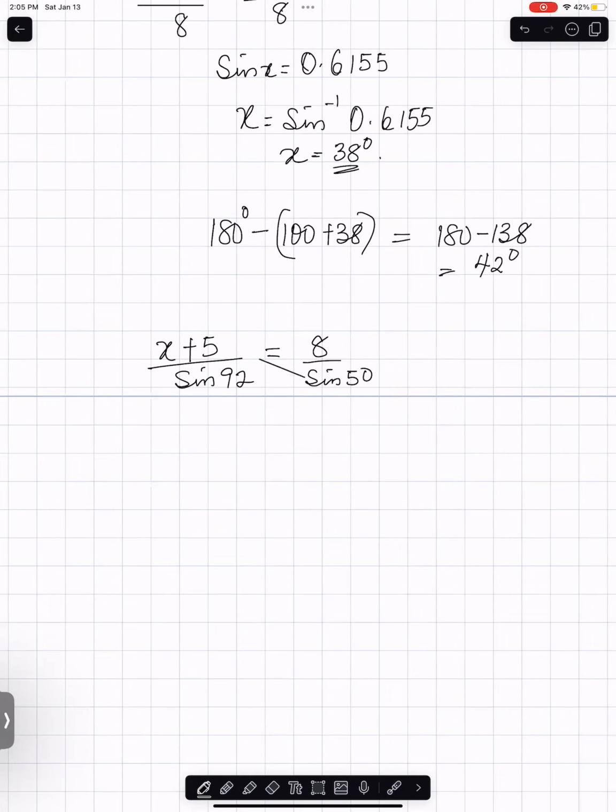So cross multiply. We have 8 sine 92 equals sine 50 into x plus 5.